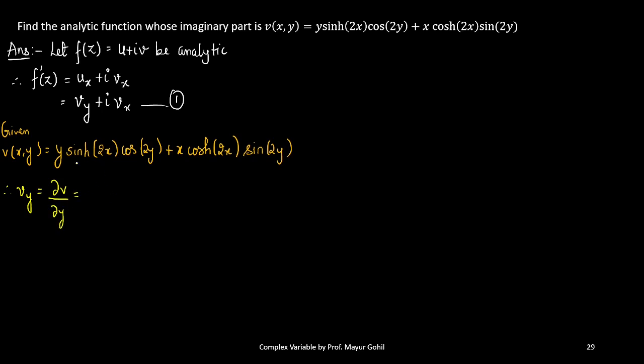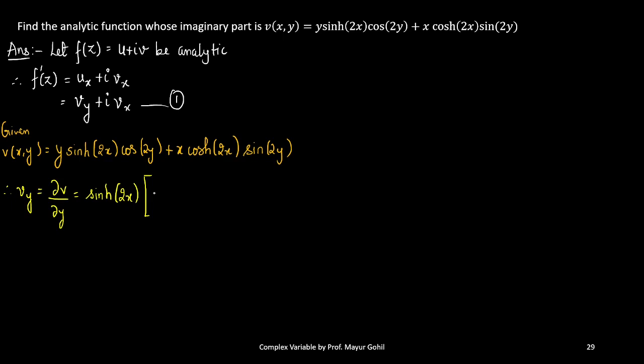When we take the derivative, sinh x is outside, and then we have y cos 2y. When we try to take the derivative here, we will use the product rule of partial derivative.